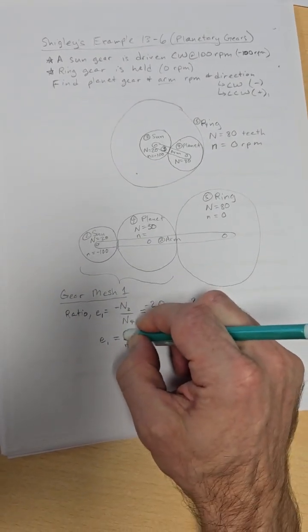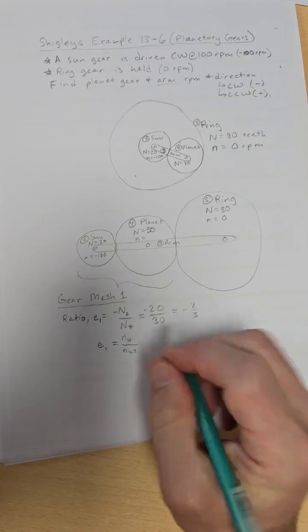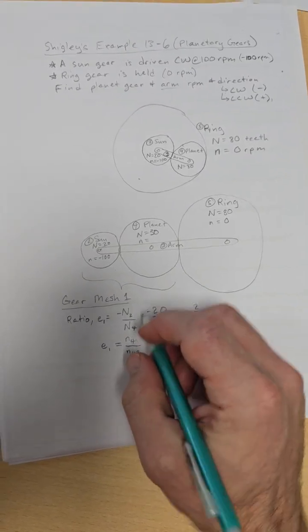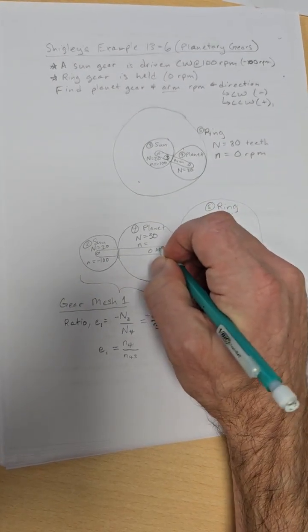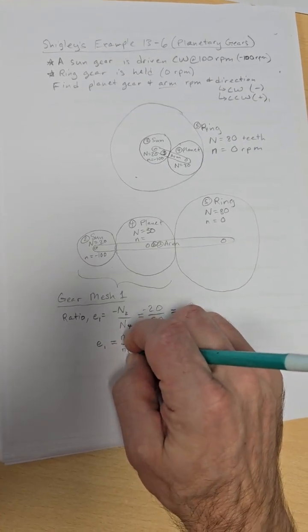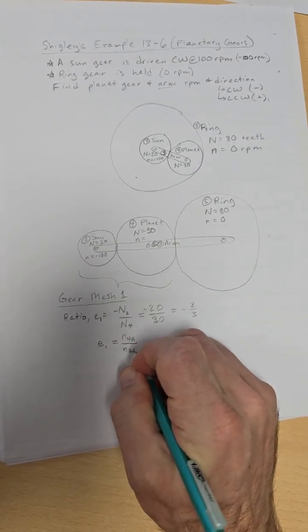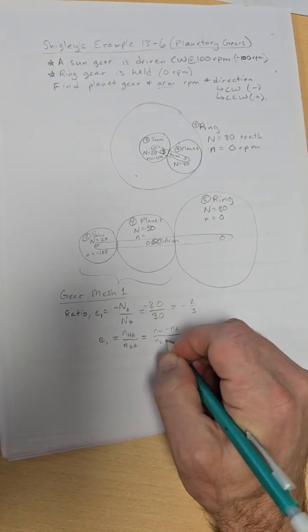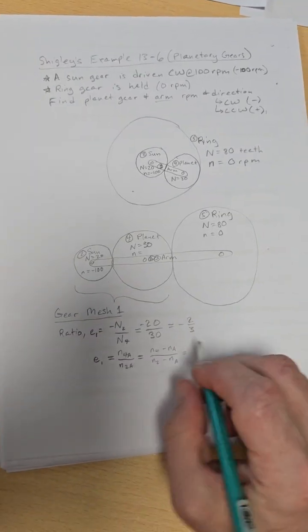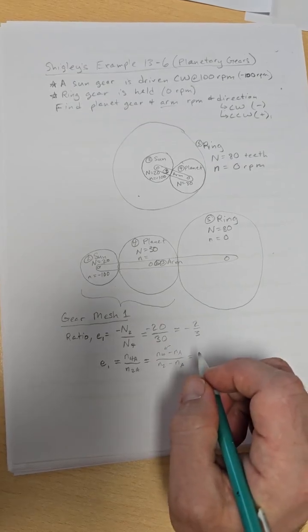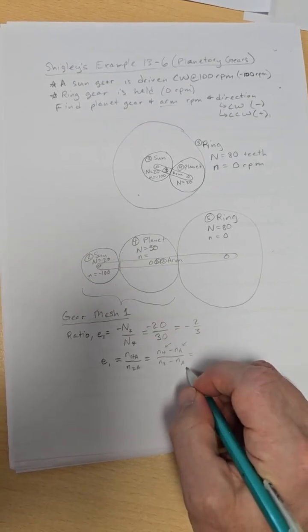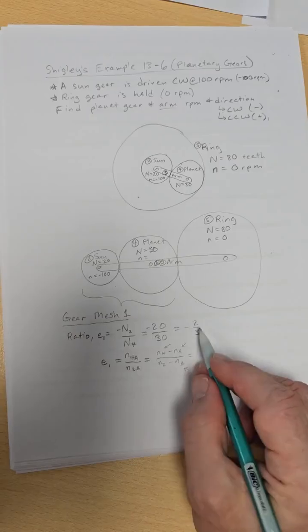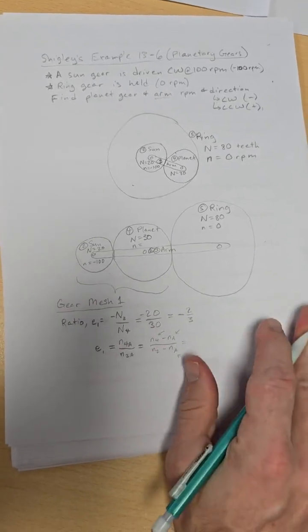That's inversely proportional, so I have to put the 4 on the top, and I'm going to call this one A for arm, just so we don't get confused. So N4A over N2A, and so that's N4 minus NA over N2 minus NA. And I'm stuck here because I have an unknown. I don't know N4, I don't know NA. I do know E, it's negative 2/3, but I have one equation and 2 unknowns.